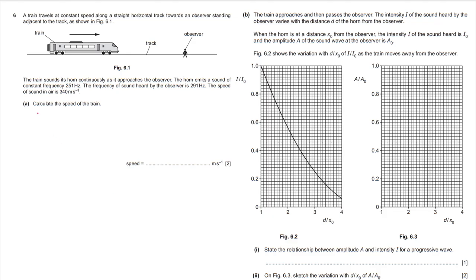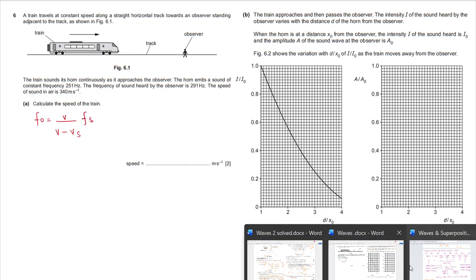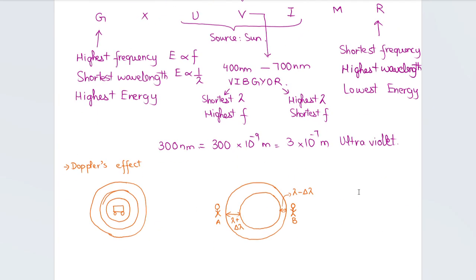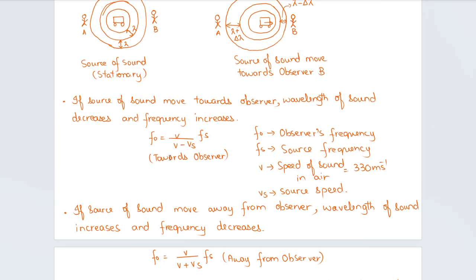So formula was f naught is equal to v over v minus Vs times fs. ठीक है, so this is the formula that we have already studied in the Doppler's effect. ठीक है, I am talking about this one.